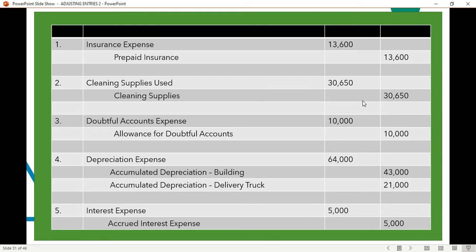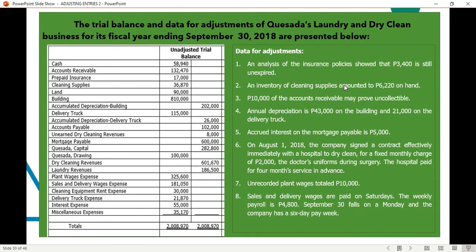So what you will do is recognize the used portion or the expense portion since the company is using the asset method. The entry should debit cleaning supplies used 30,650. How did we compute 30,650? It's 36,870, the unadjusted amount, minus the 6,220 unused cleaning supplies.